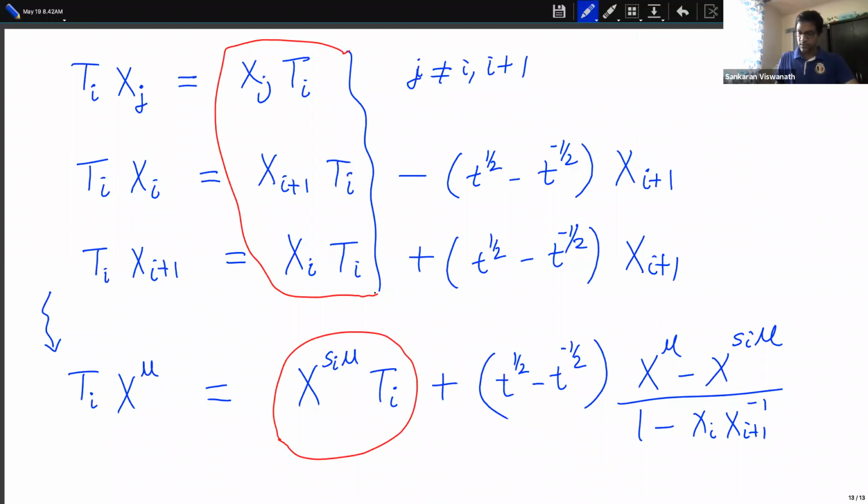Now the error term: the expected answer when t_i moves past x^mu is that we get x^{s_i mu}, and then what's left is of lower order, or smaller in some sense. Smaller in what sense? Well, I suppose in dominance order.